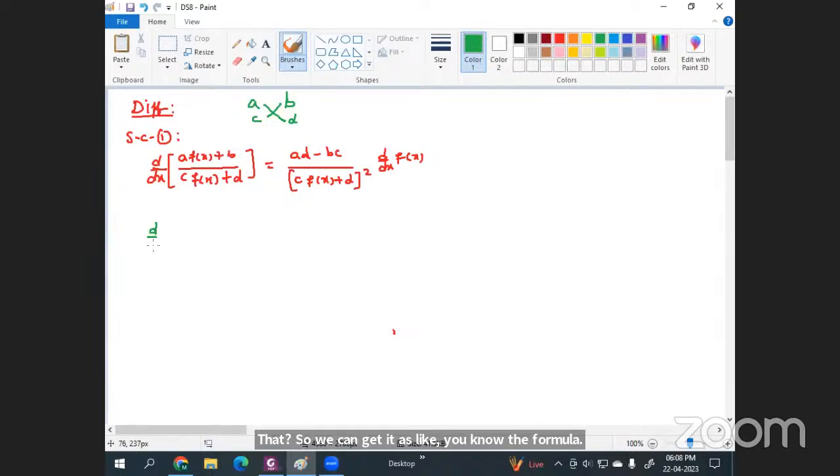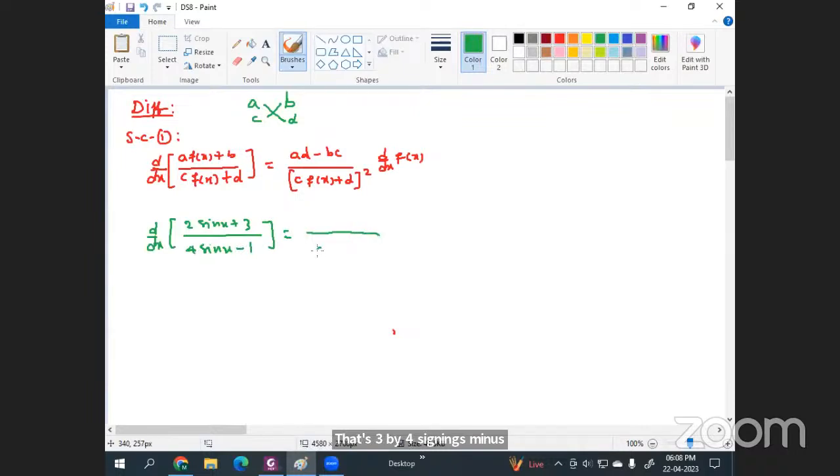So I will do one problem: d by dx of 2 sin x plus 3 by 4 sin x minus 1 is equal to 4 sin x minus 1 whole square in the denominator, derivative of sin x is cos x, then AD minus BC, that is 2 into minus 1 and 4 into 3.